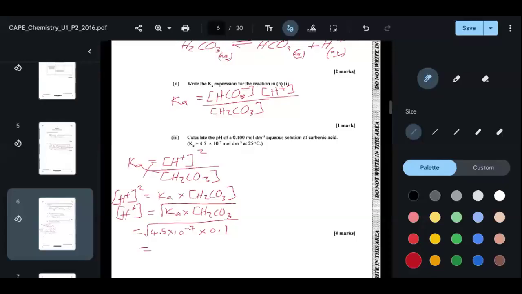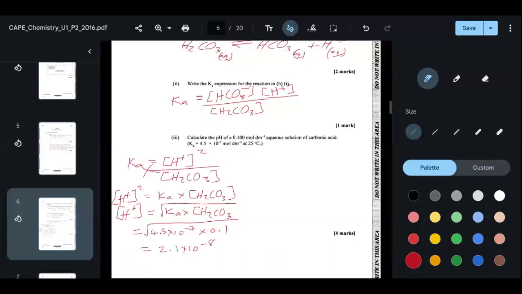What did you get as the answer? 2.1 times 10 to the negative 8, that's what I got, but I'm not sure if it's right. Let me check quickly. I got negative 8 as well.